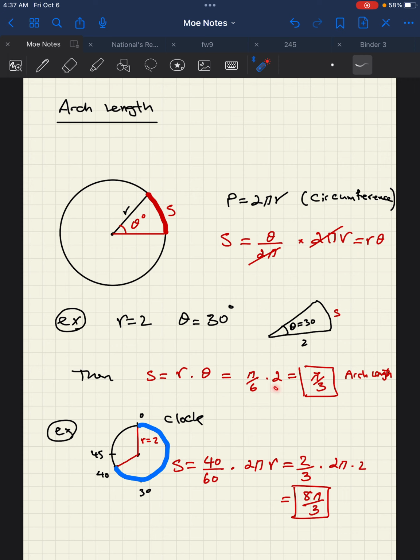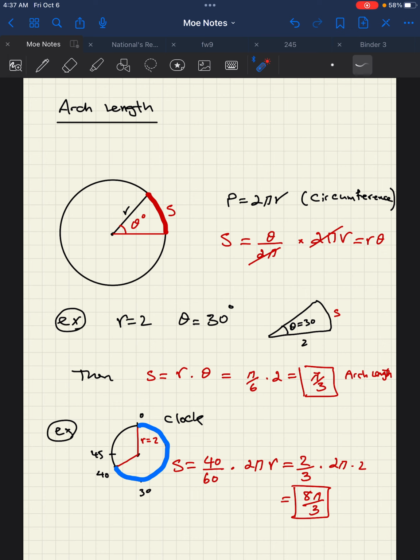So r is 2 and your theta is pi over 6, because 30 degrees is pi over 6. So the arc length is actually pi over 3. That's the value of it. And pi is 3.14, so you can say 3.14 divided by 3. But I would just leave it in the pi format.